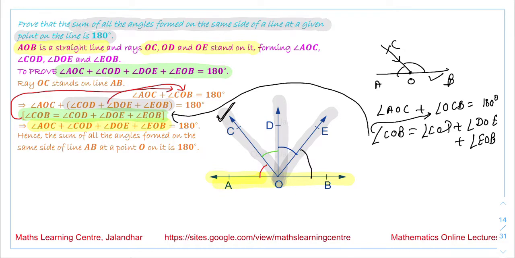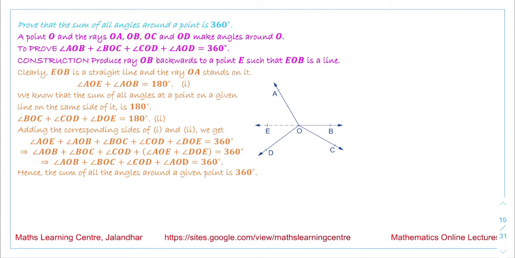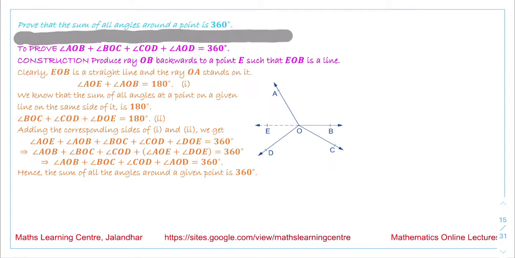The next result we have to prove is, prove that the sum of all angles around a point is 360 degree. So what is given to us, a point O and rays OB, OC, OD makes angle around O. We are saying this point O is given to us, and we are having different rays over here.